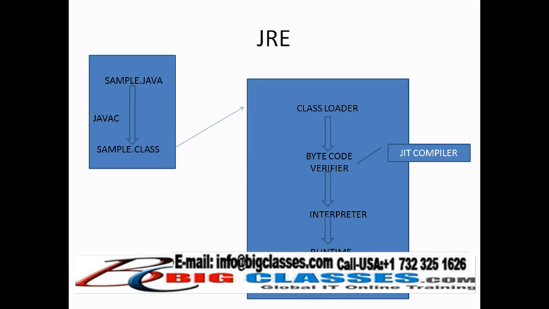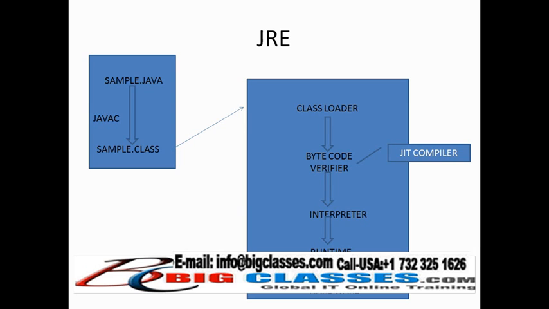Now this .class file is executed, not your Java code. How is this executed? When I try to execute a Java program, something called a class loader is called. This class loader loads all the data that is present in the .class file.